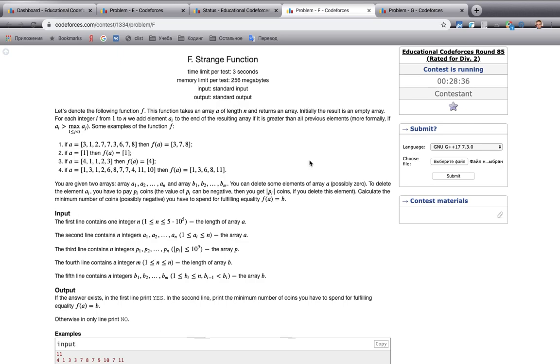Problem F. There is a function that, given an array, calculates an array of its prefix maximums. We store the value in the result if it is strictly bigger than all the previous values.